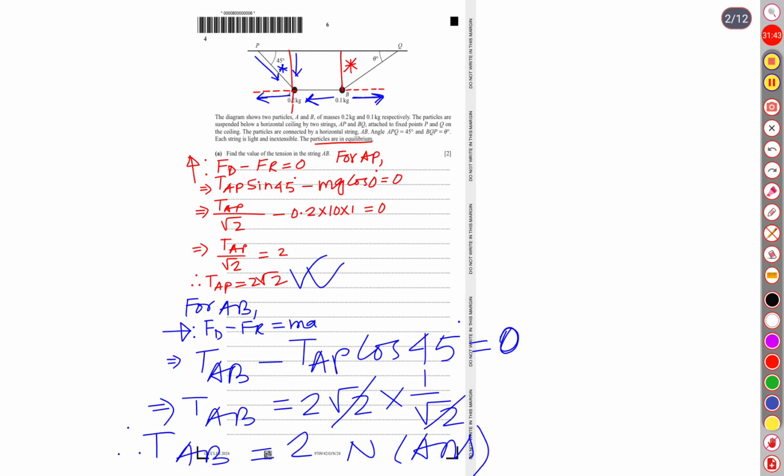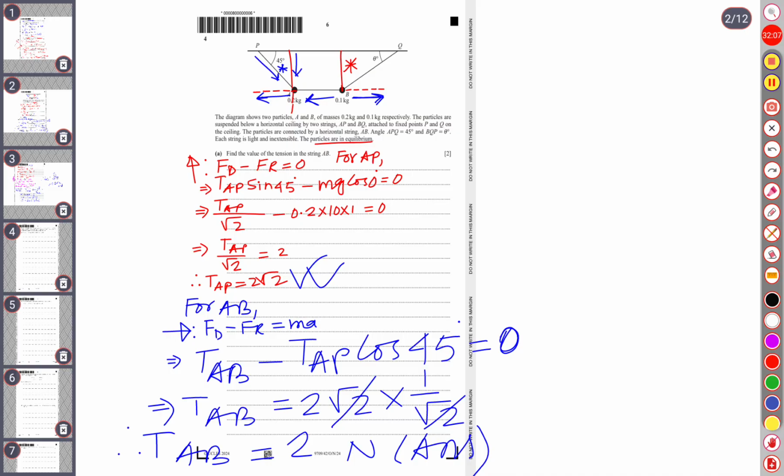That's what they have told us to find. And finally we have obtained in question number 1 the tension in the string AB. And then in the solution to part B, we have found the angle between the string and the ceiling, which was theta, and it was actually 26.6.